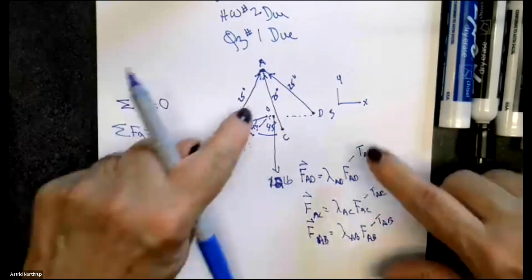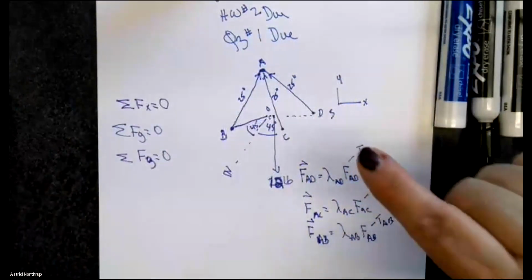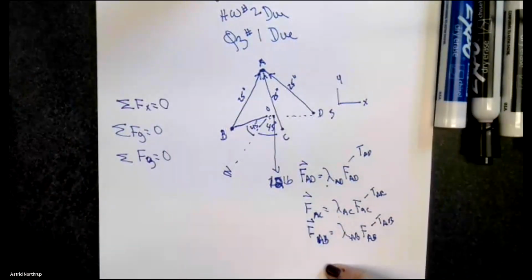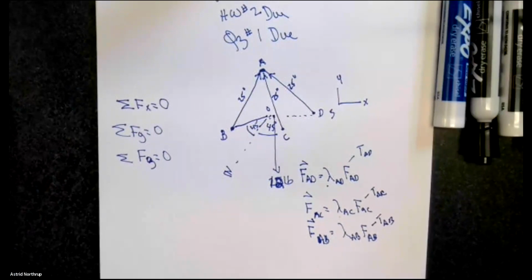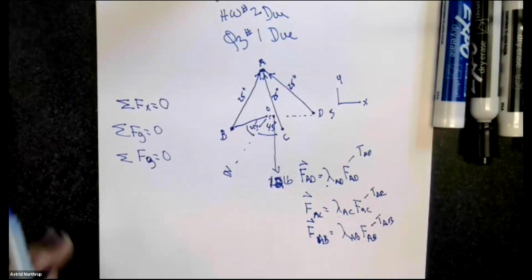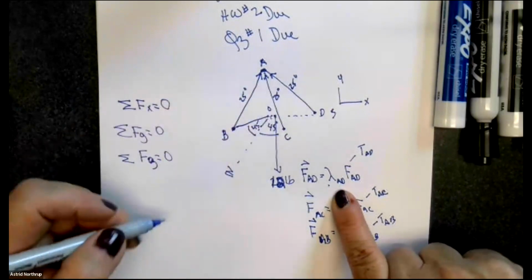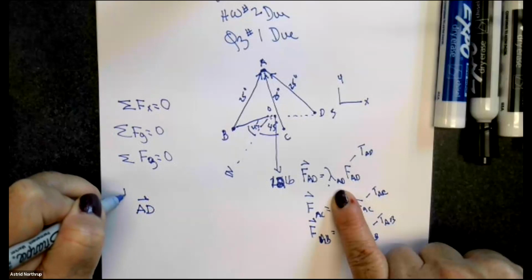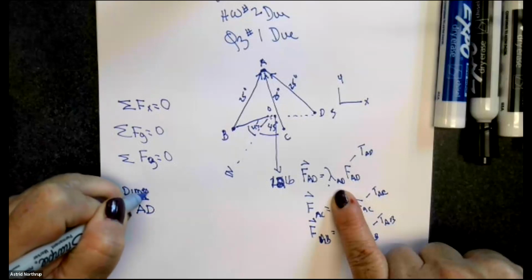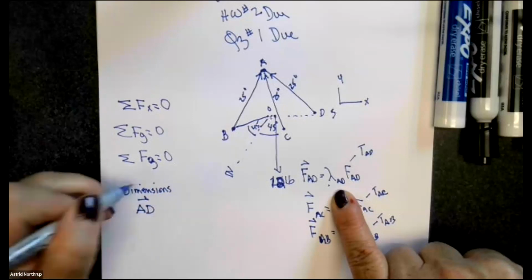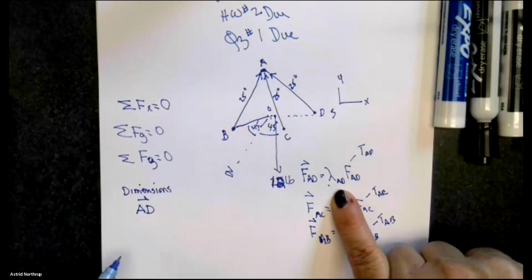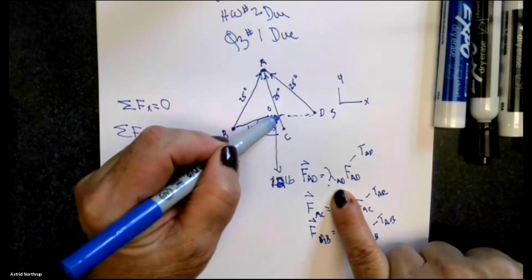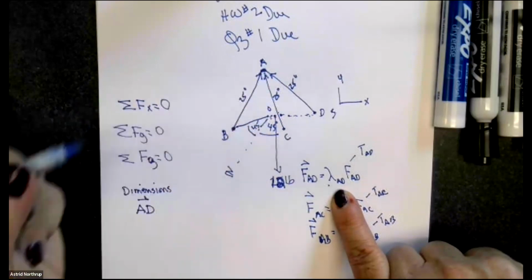And so we know that we have our arrows drawn correctly in this diagram. So the trick becomes getting lambda, or the unit vector, along each of those dimensions. So for AD, not the force in AD, but the geometrical dimensions, we know that AD is 25 inches long, and we know that it's directly on the x-axis.